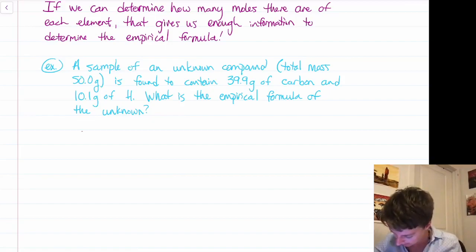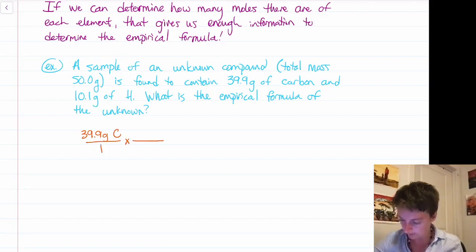For carbon, we can see from our periodic table that a mole of carbon atoms is equivalent to 12.01 grams. So if I want to do a grams to moles conversion, I'm going to use my starting amount of carbon, that's 39.9 grams, and I'm going to remember, again, based on information from the periodic table, that for every 12 grams of carbon, I have 1 mole of carbon.